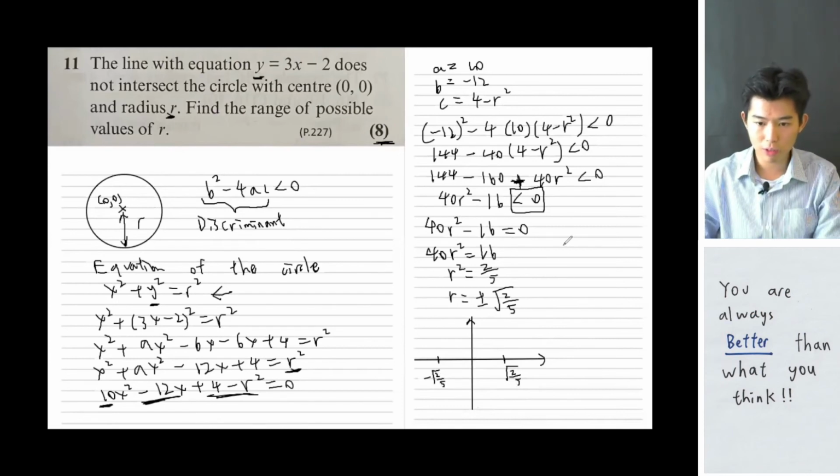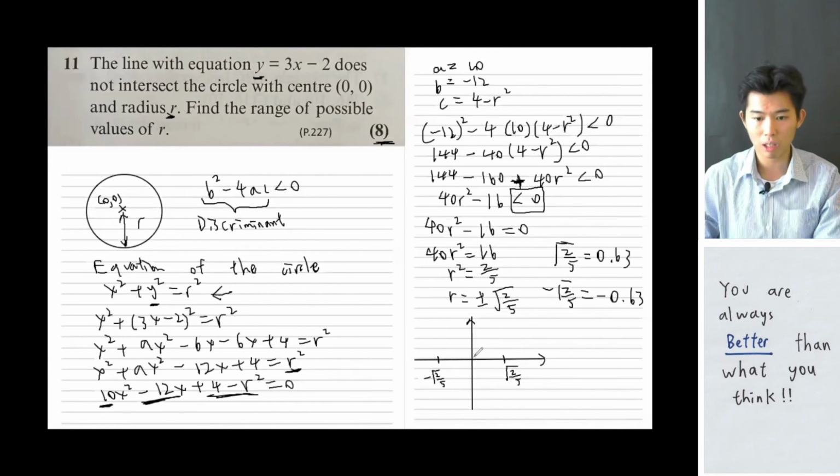Root 2 over 5 is basically the value of 0.63, and minus root 2 over 5 would obviously be minus 0.63. And I will tell you why we have to do this later. Let's substitute any value that is between the range of minus 0.63 and 0.63, basically these two values here. Find any number that is between them.